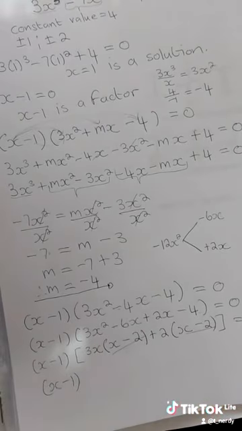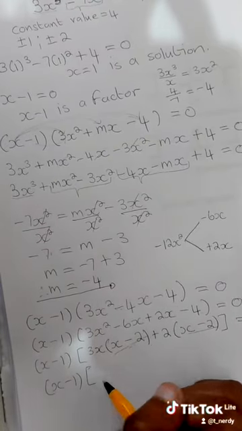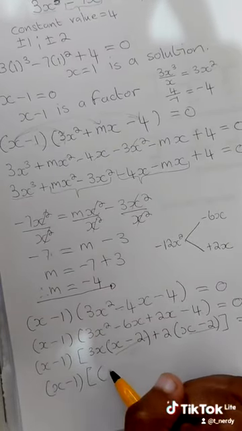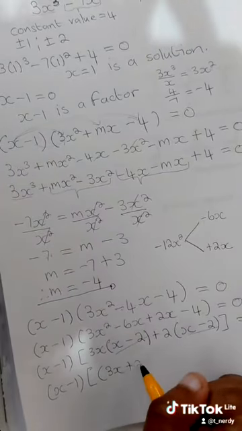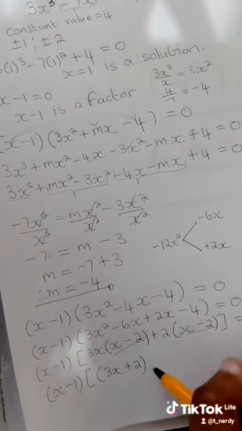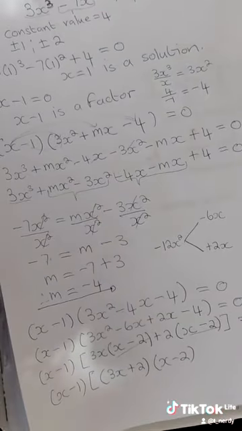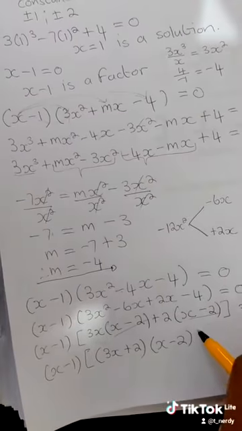And then since they are the same, what do we do? We're just going to say that we now have 3x plus 2, which is this 3x plus 2, and then we have this x minus 2. And then from here, we would have solved our cubic equation.